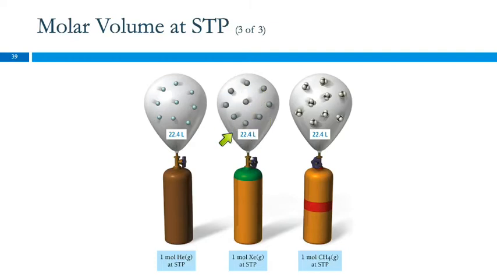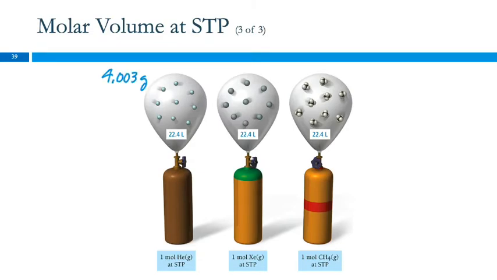STP for xenon, 1 mole. STP with methane, 1 mole. Would these balloons have the same mass? No, they would not. How much would this helium balloon weigh? 1 mole of helium. 4.003 grams.